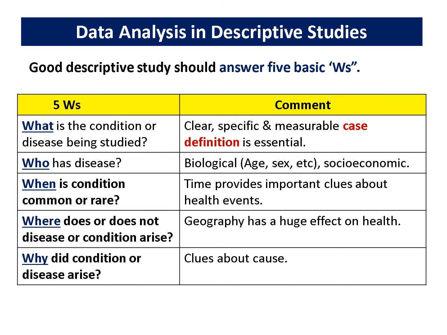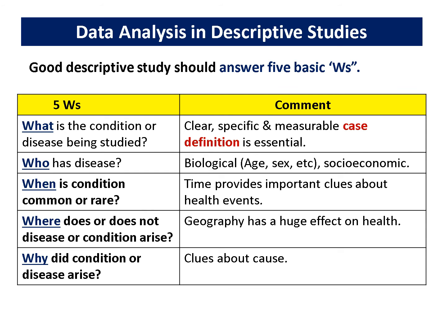So, in data analysis and descriptive studies, we found the types of descriptive studies, starting from case report, case series, ecological study, cross-sectional study, and finally the longitudinal study. After we do these descriptive study designs, we should answer 5 basic questions starting with W's.